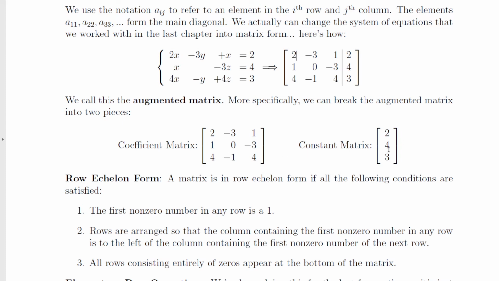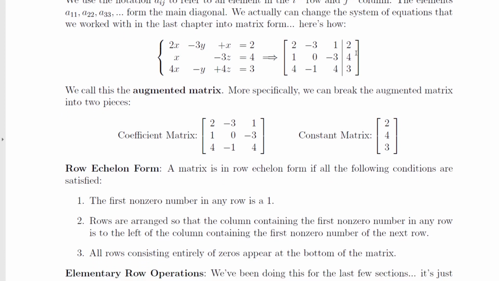The constant matrix is just made up of the constant terms, so things that don't have variables connected to them. So that's the terminology. Okay, we have an augmented matrix. An augmented matrix is made up of a coefficient matrix and a constant matrix, and it has a line separating those two things.